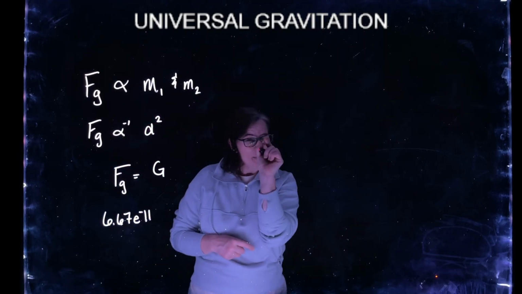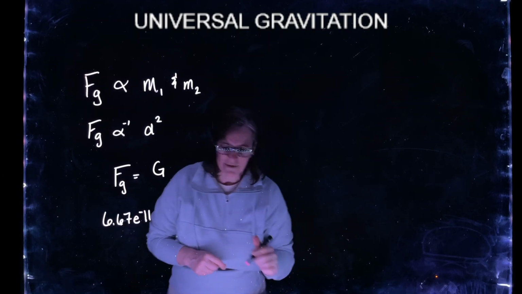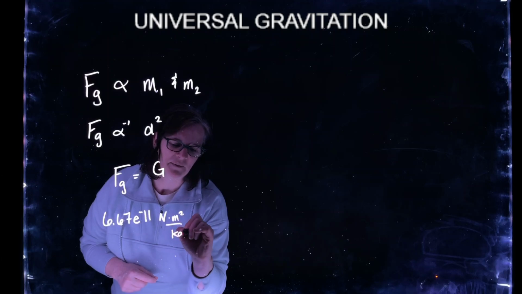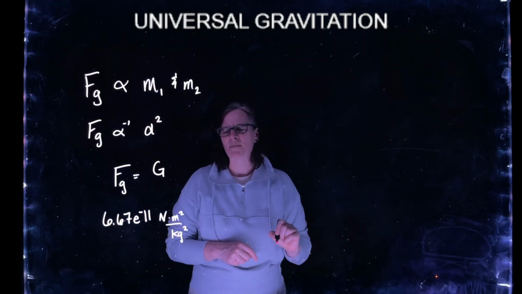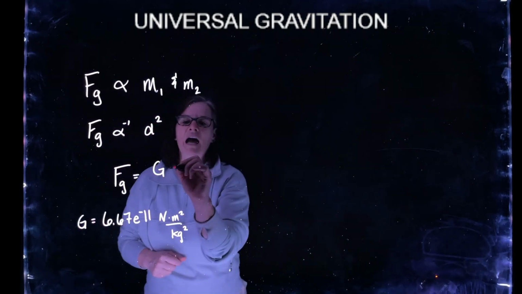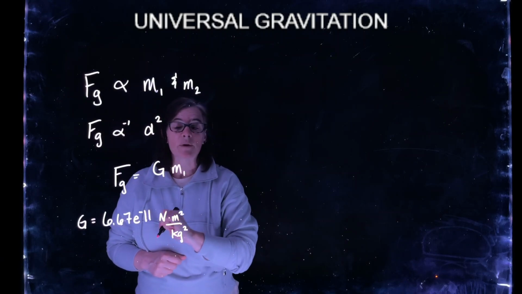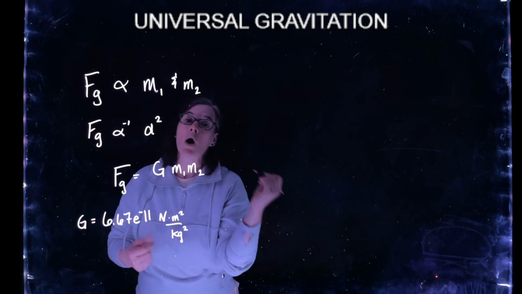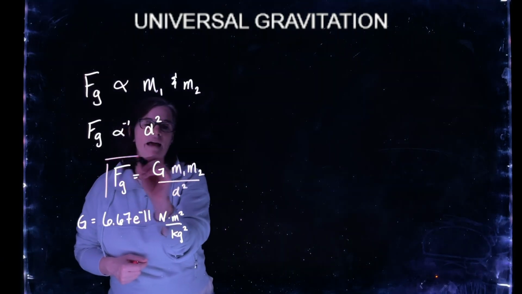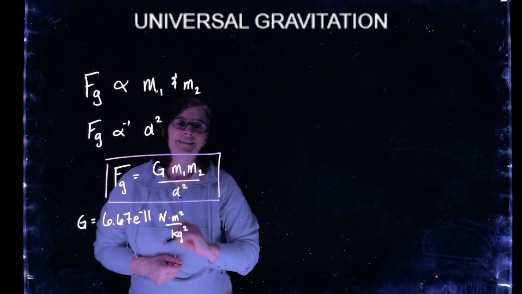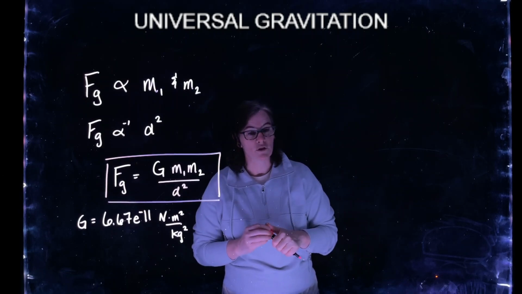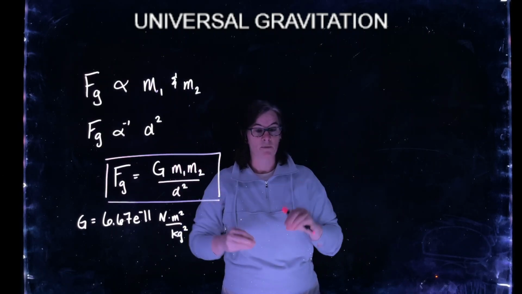So it's a really small number, negative 11th, newtons meters squared per kilogram squared as its unit. So G, the gravitational constant, times, well, we know mass 1 is directly proportional, mass 2 is also directly proportional, and that distance between mass 1 and mass 2 squared is inversely proportional. So this is our relationship for the universal gravitation between two objects of mass.